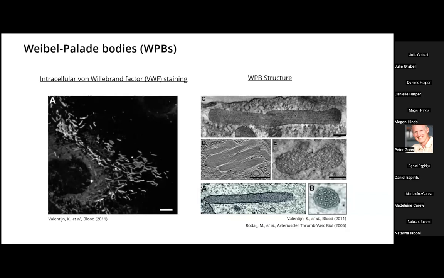Within the Weibel-Palade bodies, VWF multimers are stored efficiently in these long tubules that you can see as almost striations in the image on the right, and then again in the cross section. Interestingly enough, cells that do not express VWF do not contain Weibel-Palade bodies.